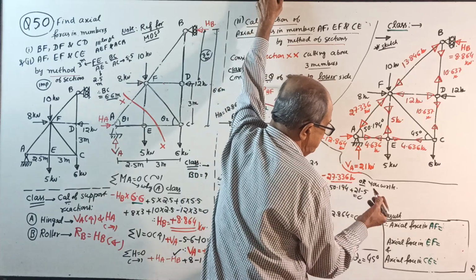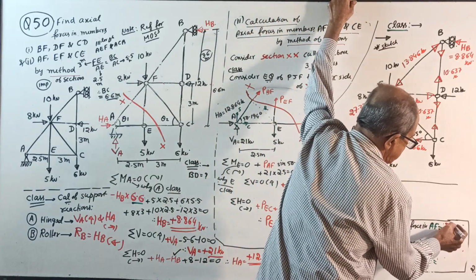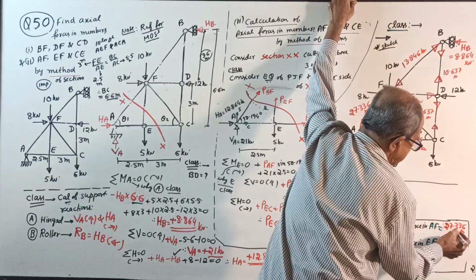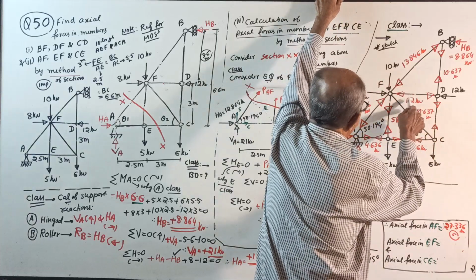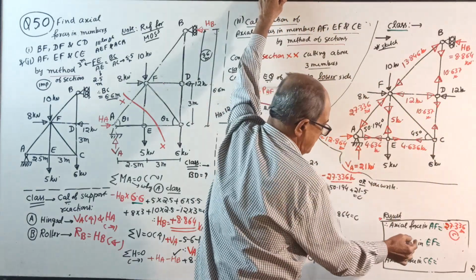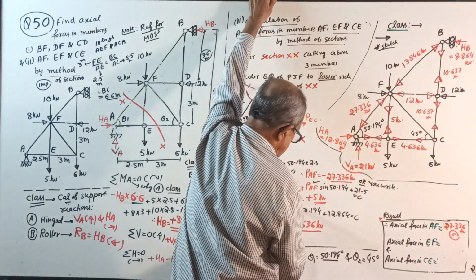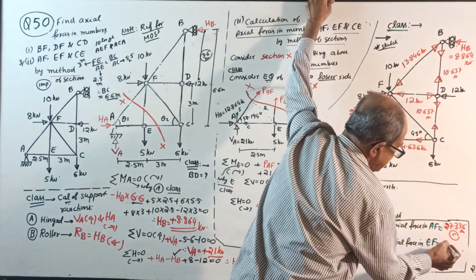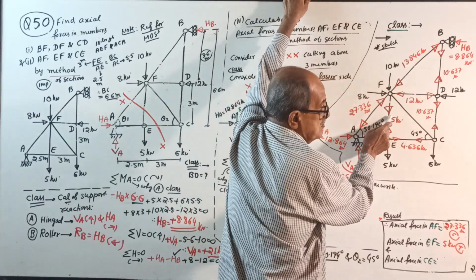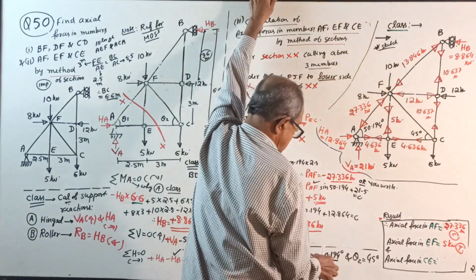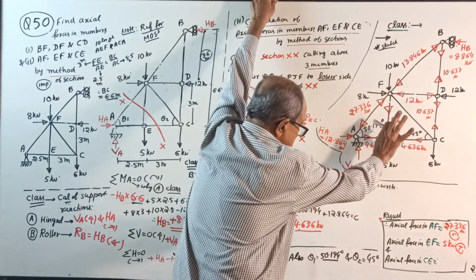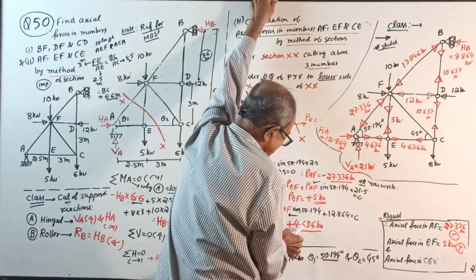AF, 27.336, negative sign came. So 27.336 kilonewton compression. Yes. In EF, 5 kN tension. Yes. In CE, 4. Here should not see there. Sorry. Here you see.